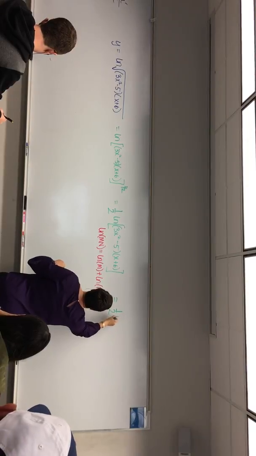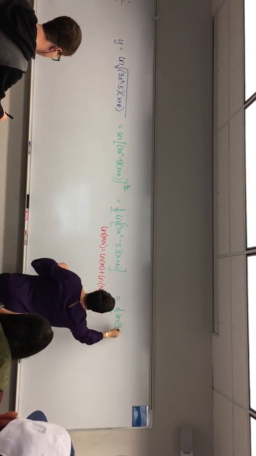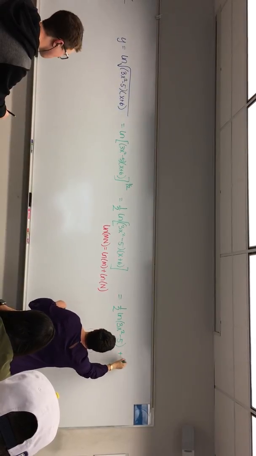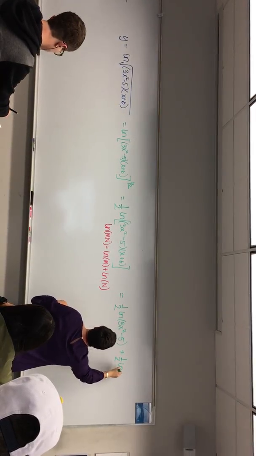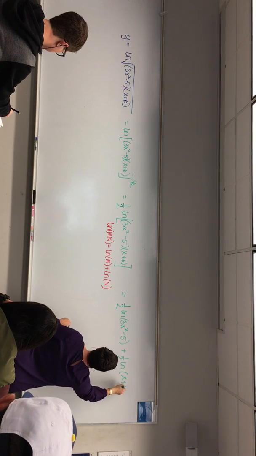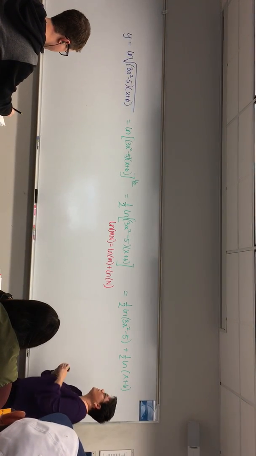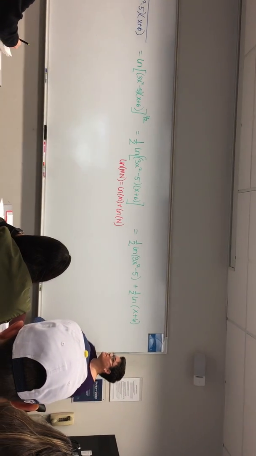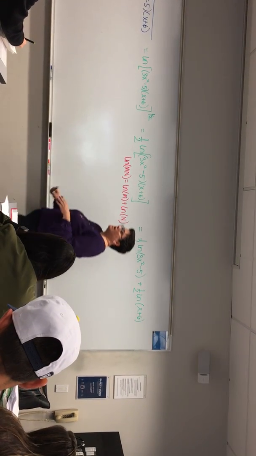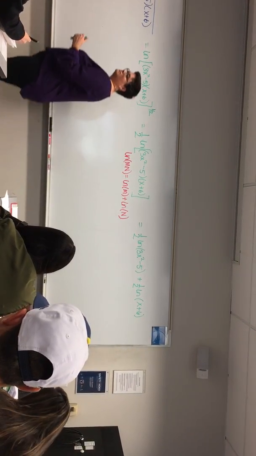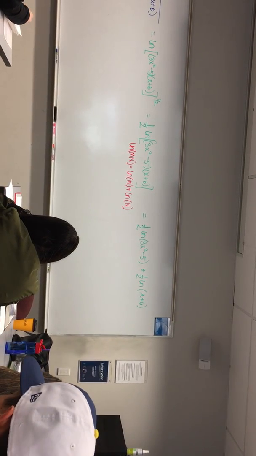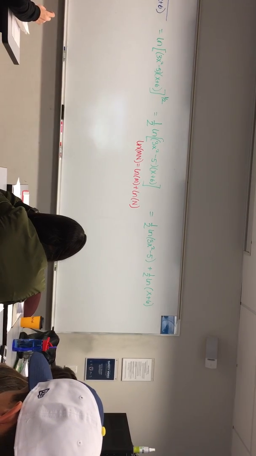Equals 1/2 natural log 3x squared minus 5 plus 1/2 natural log x plus 6. Is everyone cool with this? Do we have an easy derivative now? Do we have bite-sized chunks? Some easy natural log of some easy function?